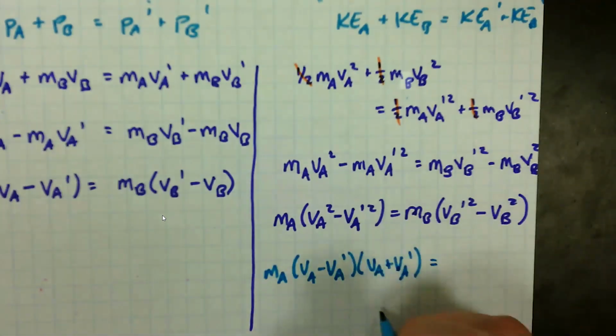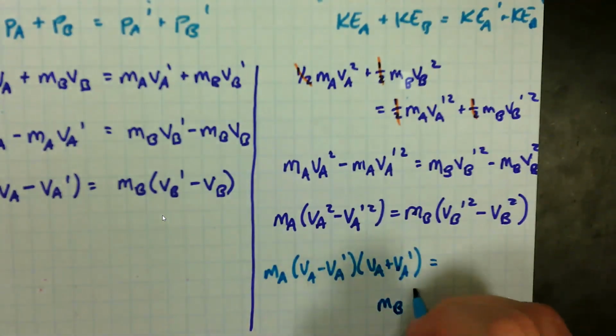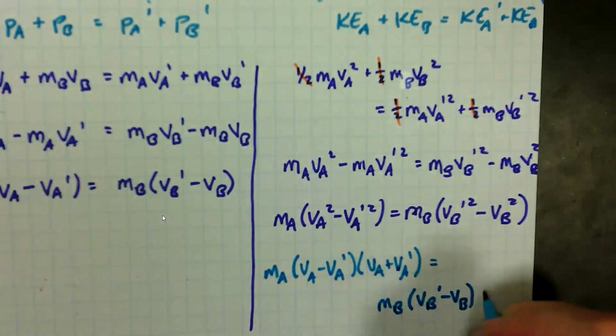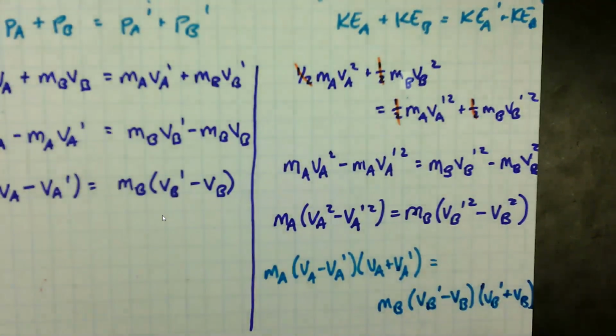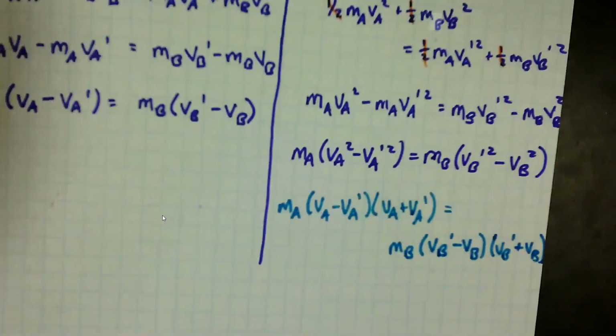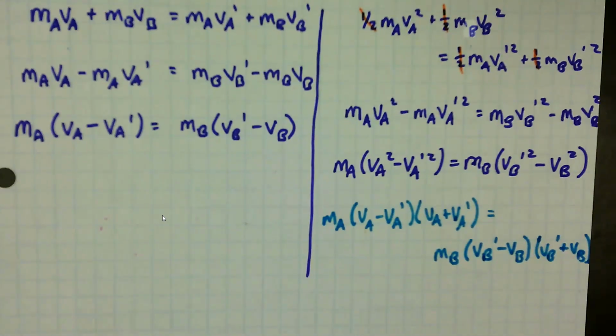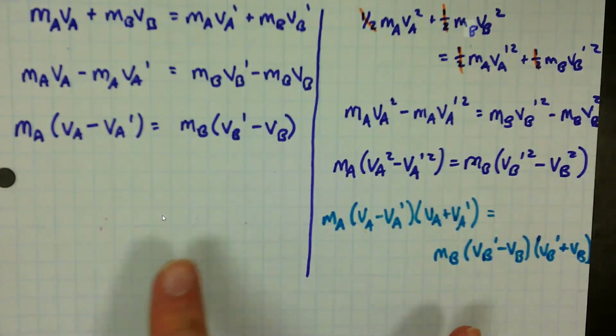And I can say that this side is VB prime minus VB times VB prime plus VB. And this is where we could do something really cool. I wonder what anyone sees as the cool thing we can do. There's some connection between the two equations we're doing.